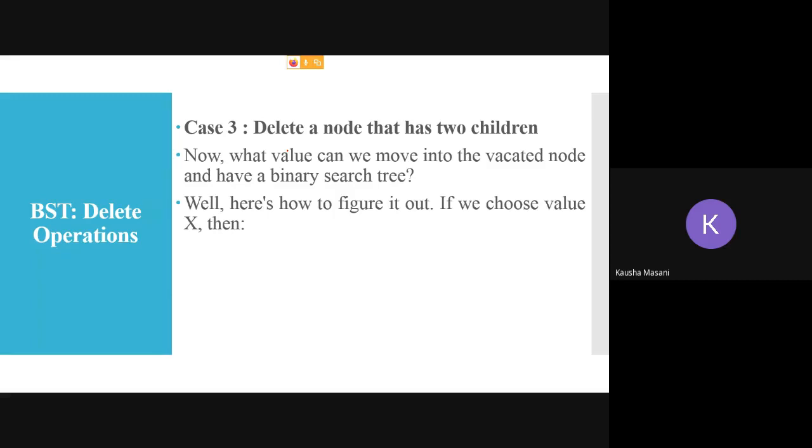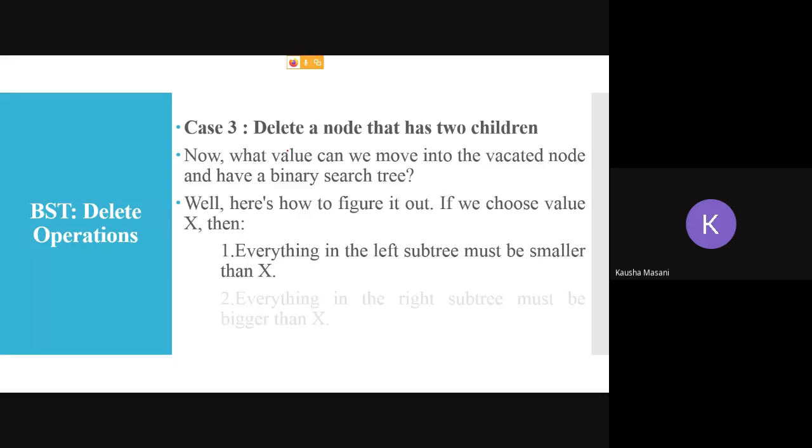Here, see what I have written: what value can we move into the vacated node and still have a binary search tree? Let's say we choose that value x from the left subtree. Then everything on its left should be smaller than x, and everything on its right side should be bigger than x. Fine.